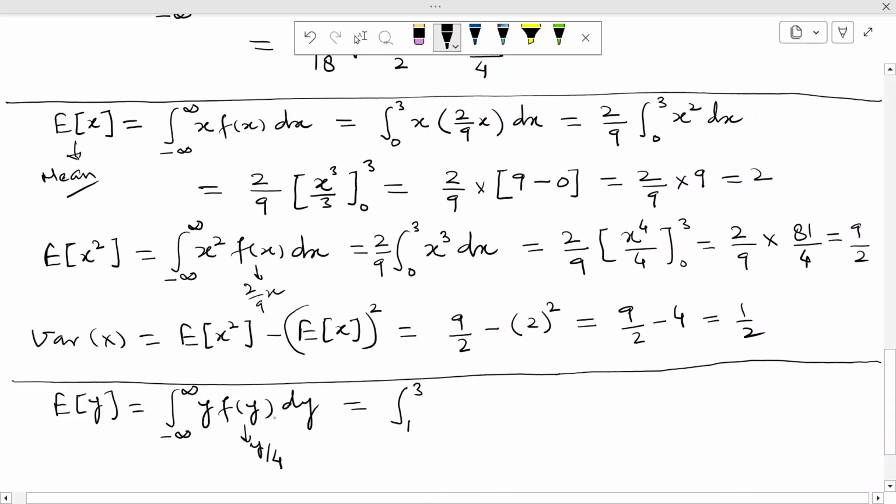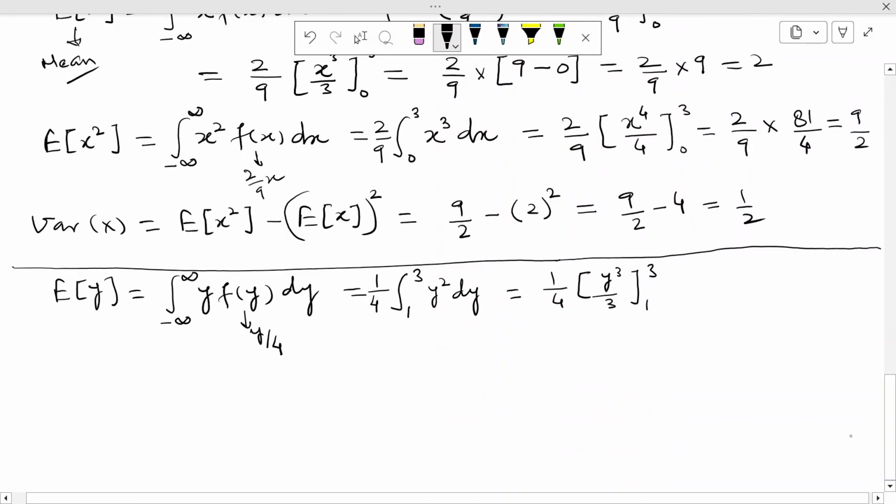So when you are multiplying this y with y by 4, 1 by 4 is a constant, you can take it outside, and here we have y square dy. So this is 1 by 4, and here we have y cube by 3, which is the integral of y square, and the limits are 1 to 3.